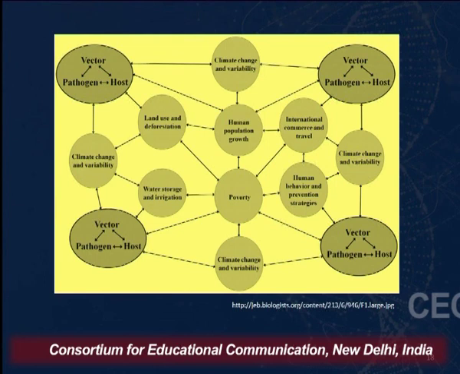Now, this image shows how there is a continuous conflict between the transmission of these pathogens, the vectors, and the humans. We know that over a period of time, due to various climate and environmental changes, there are often cases where new vector-borne or zoonotic diseases are coming in, which were initially found or traced in animal model systems.